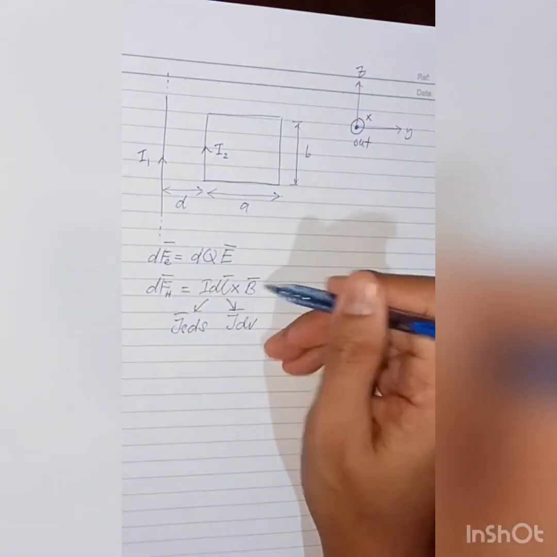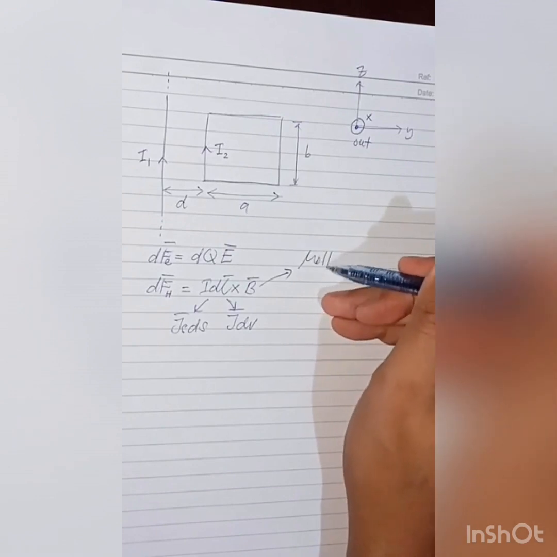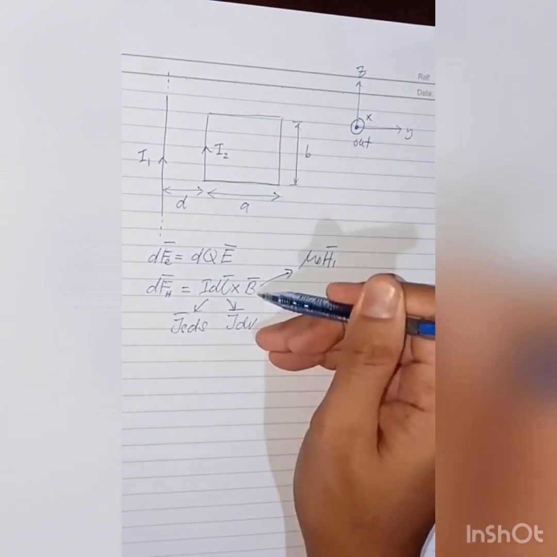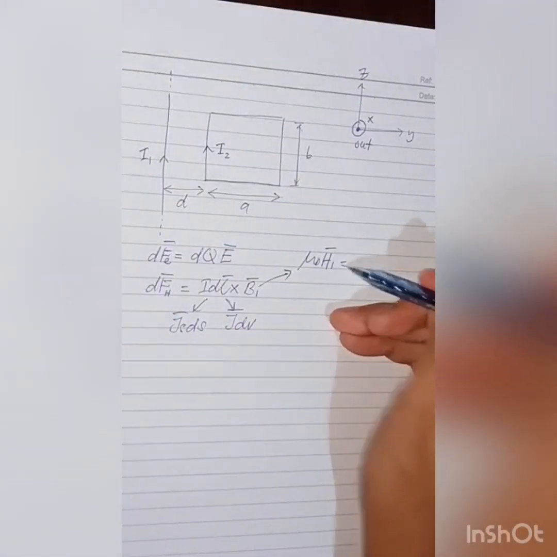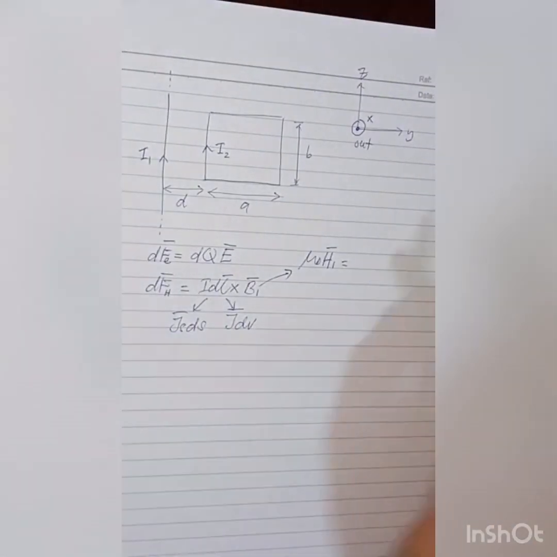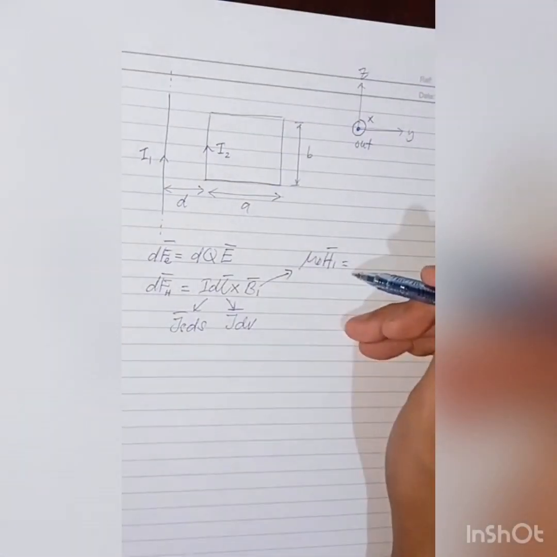So B1 from the I1 current equals mu naught H1, where H is due to a very long line current as we obtained earlier.